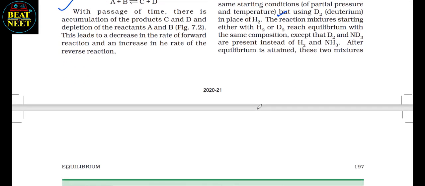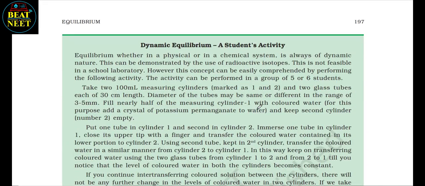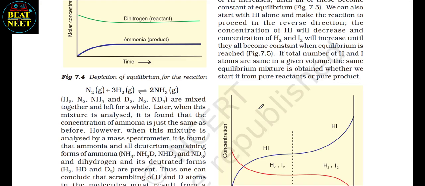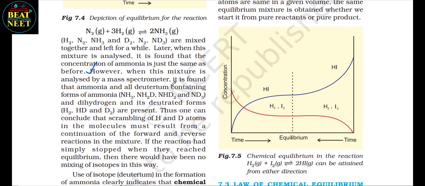After equilibrium is attained, these two mixtures are mixed together and left for a while. Later, when this mixture is analyzed, it is found that the concentration of ammonia is just the same as before. However, when this mixture is analyzed by a mass spectrometer, it is found that ammonia and all deuterium containing forms of ammonia, NH3, NH2D, NHD2 and ND3, and dihydrogen and its deuterated forms H2, HD and D2 are present.